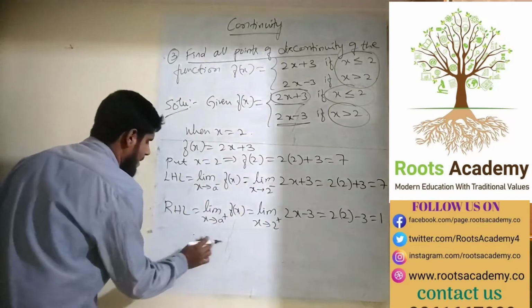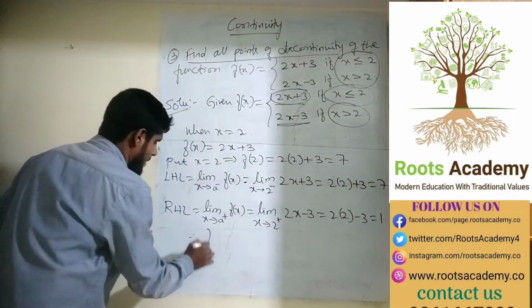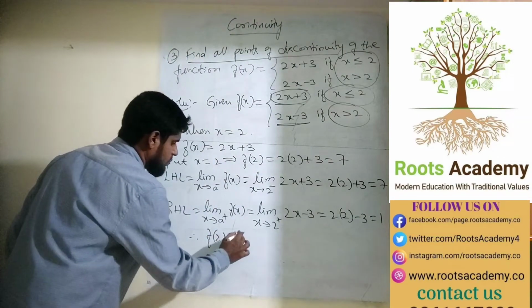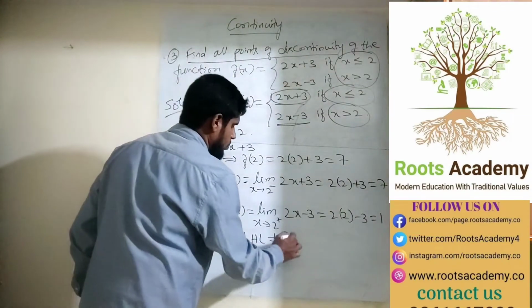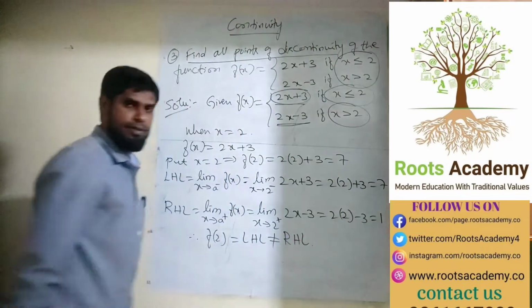Therefore, f of 2 is equal to the left hand limit, but this is not equal to the right hand limit.